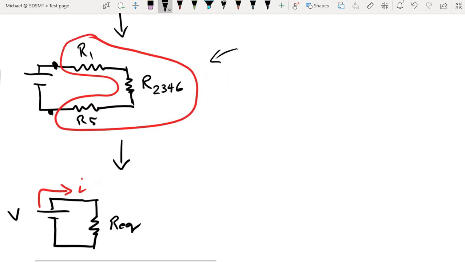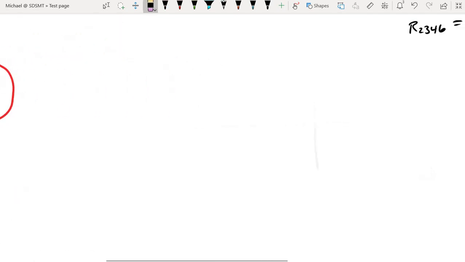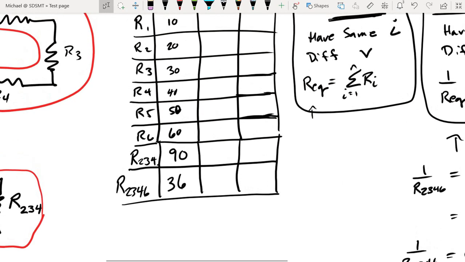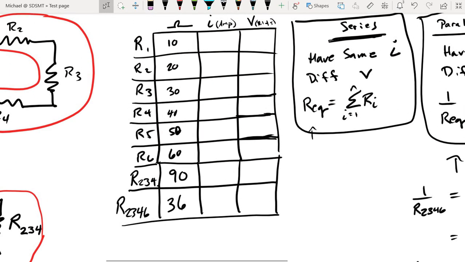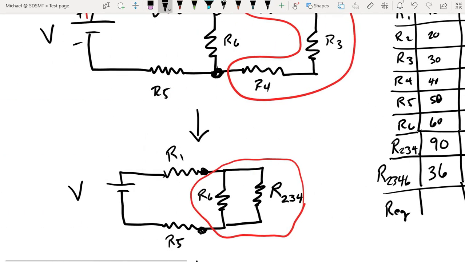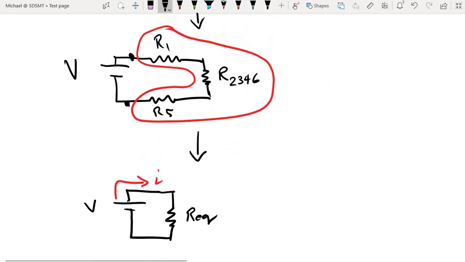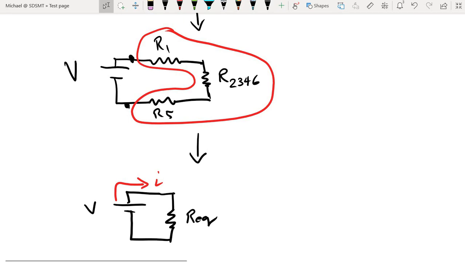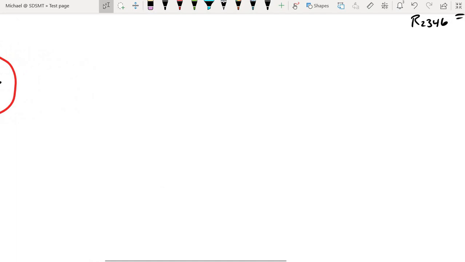We have 3 resistors in series. Series resistors add directly, so I need to take the value of resistor 1, add that to the value of resistor 5, and add that to the value of resistor 2346.